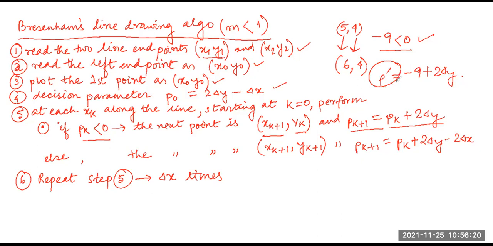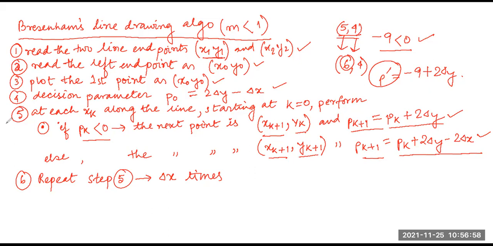If it is greater or equal to 0, this concept where x was only updated and y was not will be changed to x will also be updated and y will also be updated by 1. And again, we have the new decision parameter. So each and every step where I update the values of x and y, I will update the value of P also. This updated value of P will be my decision making for my next step.